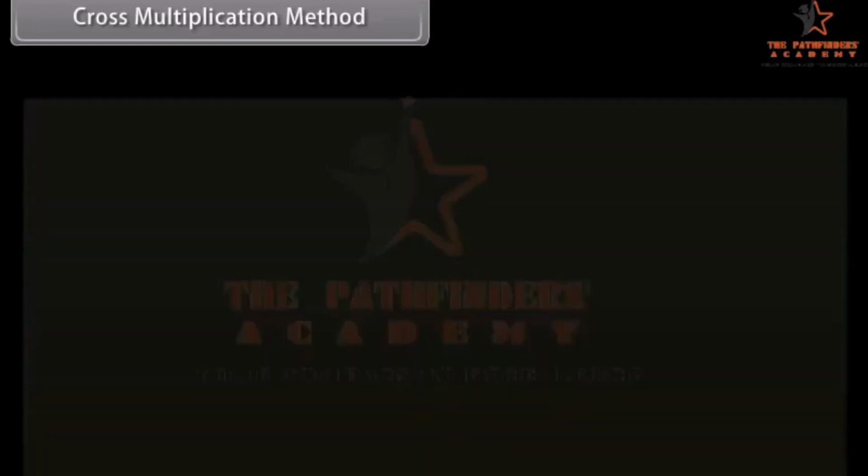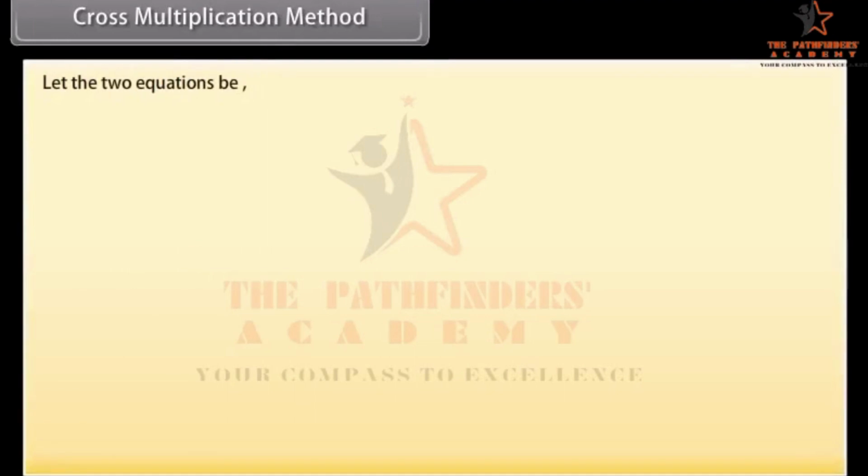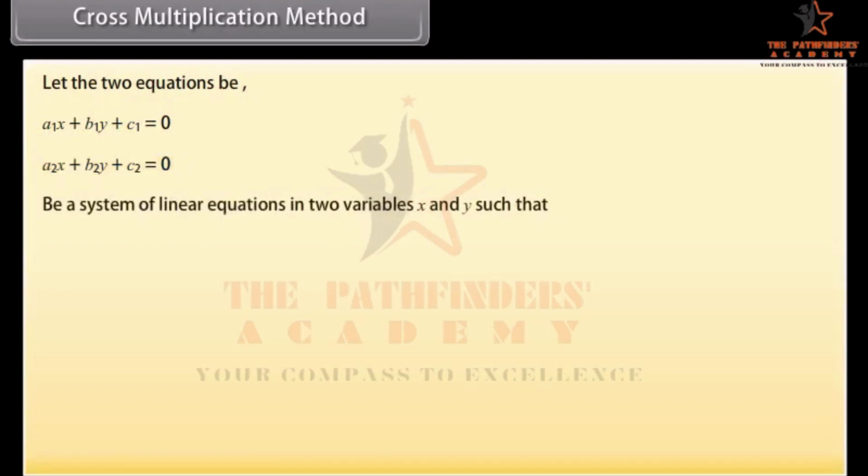Cross multiplication method. Let the two equations be a1x plus b1y plus c1 is equal to 0 and a2x plus b2y plus c2 is equal to 0, be a system of linear equations in two variables x and y such that a1 upon a2 is not equal to b1 upon b2.